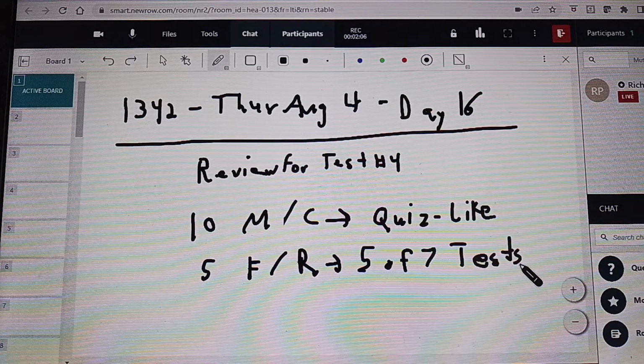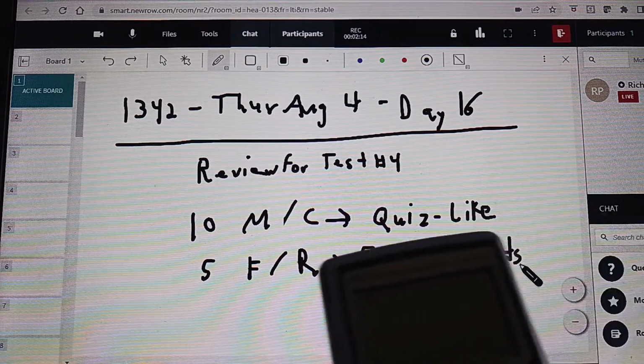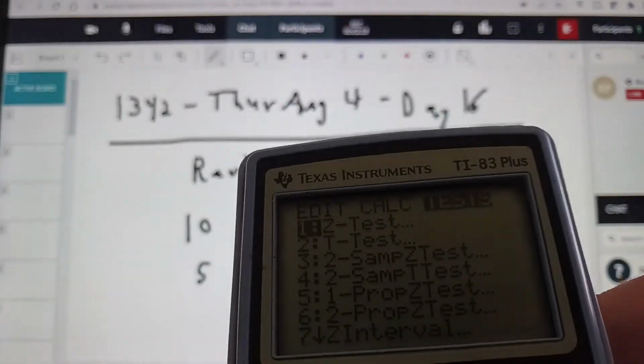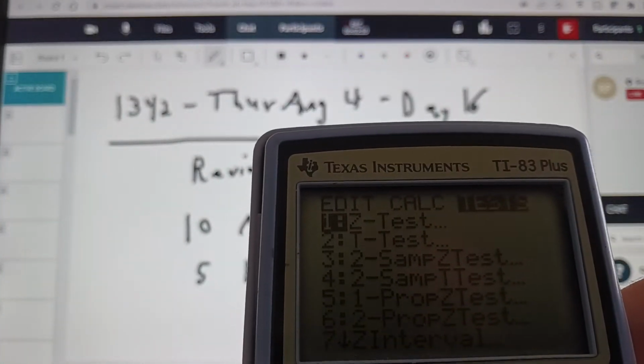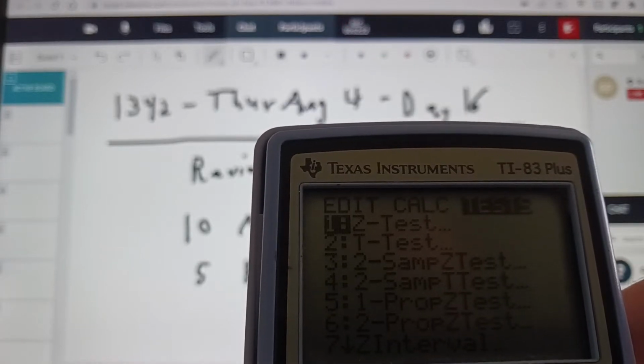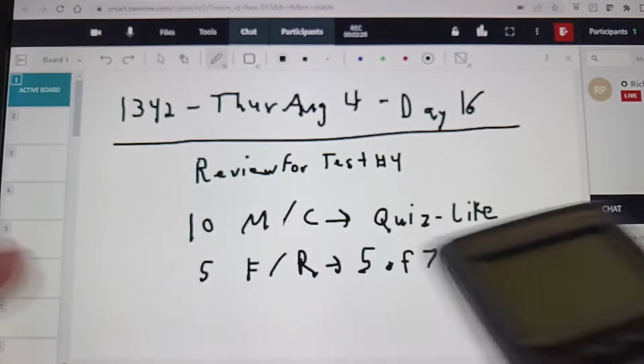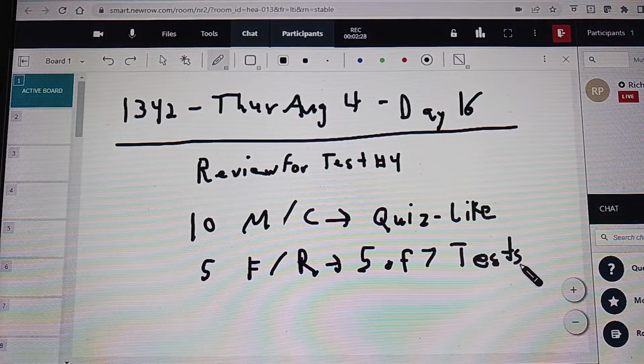And then you got your before and after for those where you just do a regular t-test because the samples are dependent. When you go to stat and test in a graphing calculator, the first 6 on there, plus the before and after kind.